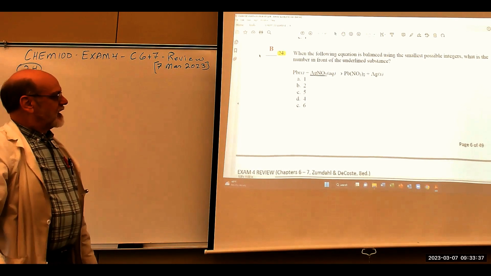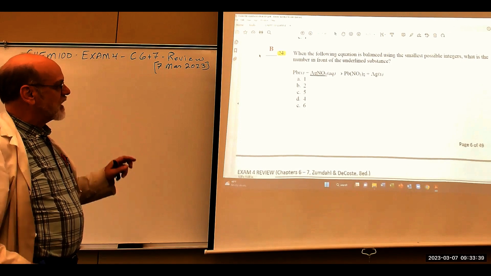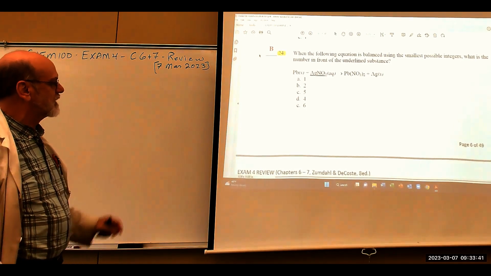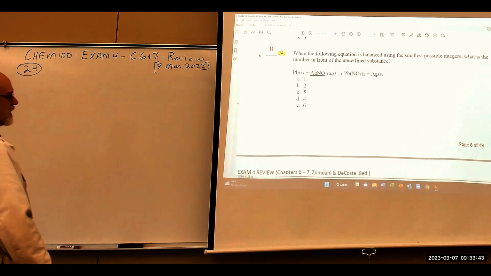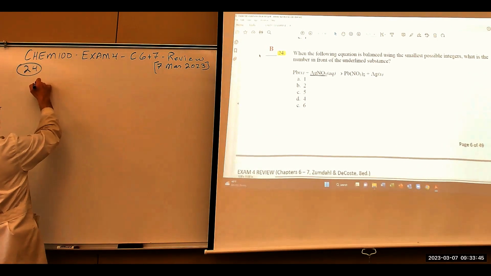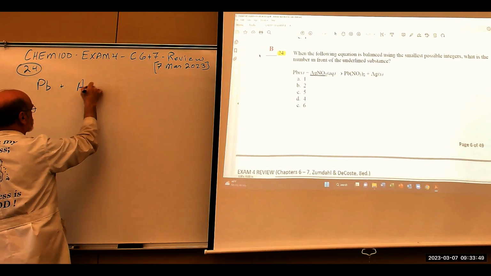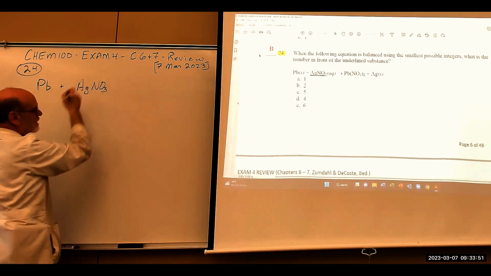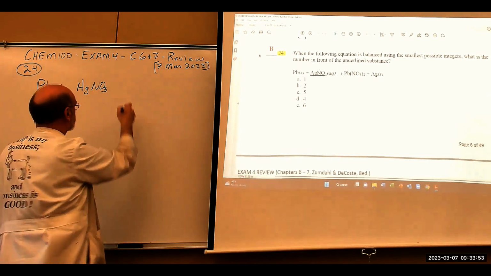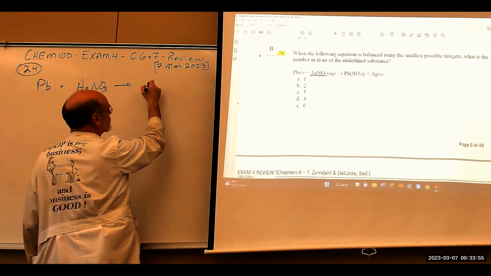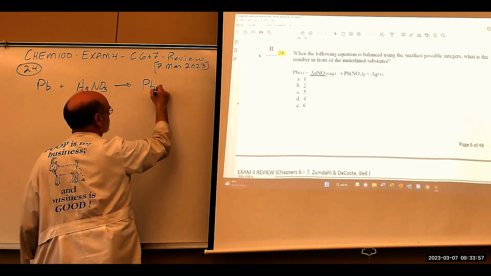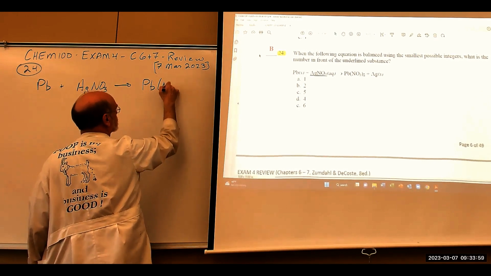Number 24. We're going to balance this equation. What's the number in front of the underlined substance? Silver nitrate. So we're starting with lead, and we're reacting with silver nitrate, aqueous solution. And that produces lead 2 nitrate.